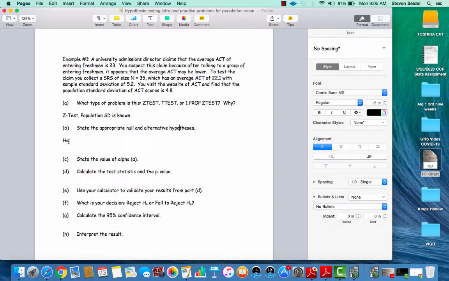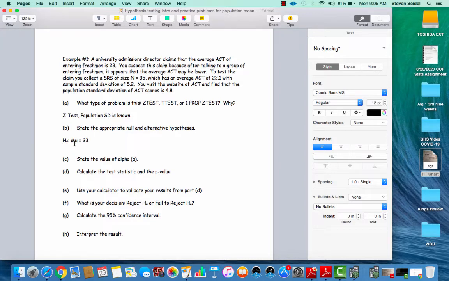Do you remember what we put? The null hypothesis is saying mu, the symbol mu, is the claim that we're testing. We're going to say that it's 23. Whatever this admissions director says, we're going to test it.